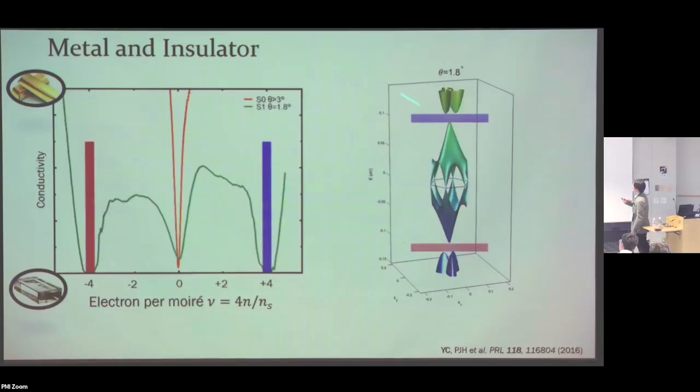But if we go to this intermediate regime where the bands are significantly modified from the large angle regime, you start to see energy gaps created in the band structure. These correspond to dips in electrical transport, because when you put your Fermi energy in this gap, you don't have any electrical conductivity; it becomes an insulator.